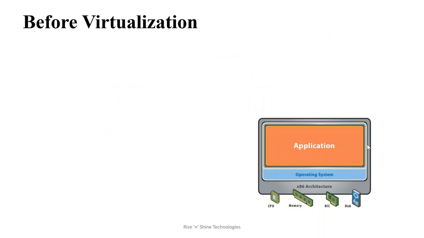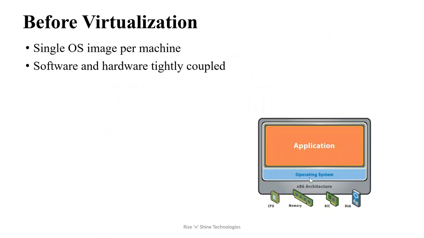So one physical server had all the hardware, that is CPUs, memory, network interfaces, and disk. They install the OS directly, and deploy the application directly on this operating system. So a single OS image for the machine, and software and hardware tightly coupled.